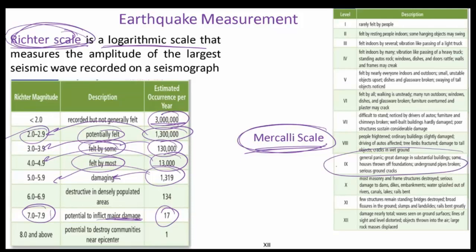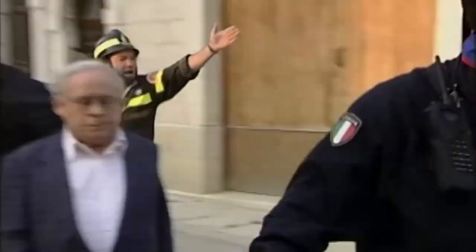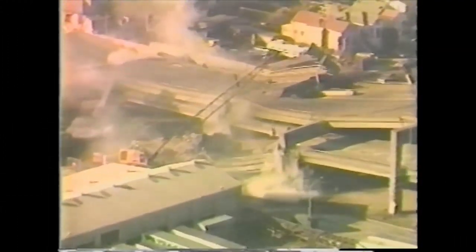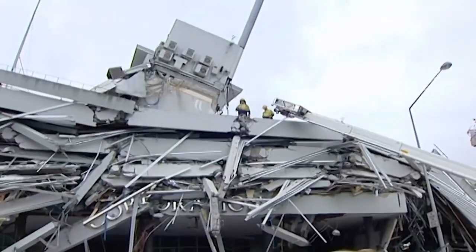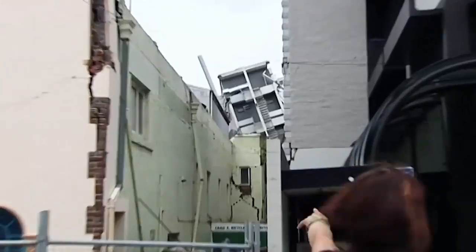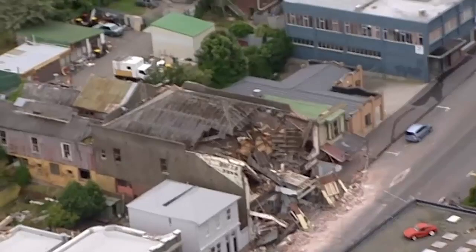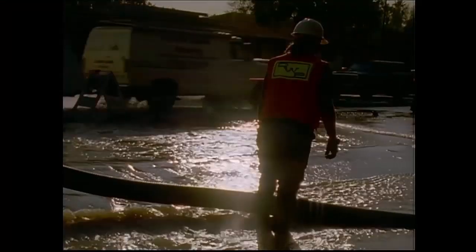If it is 9 on the Mercalli scale, there will be a general panic, great damage to the buildings, some houses thrown off foundations. The underground pipes broken, the water pipes and the gas pipes, the stores might suffer some breaks or the like.